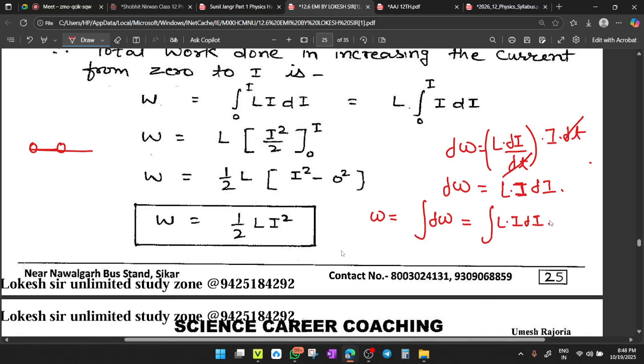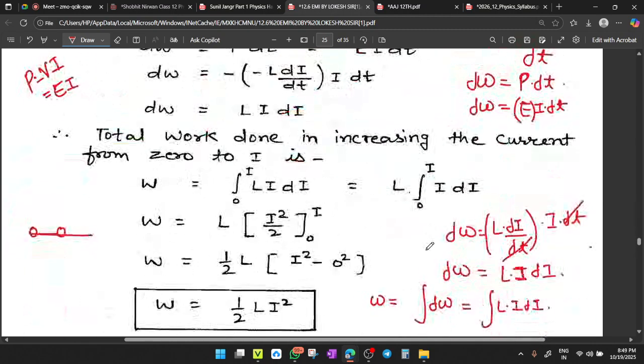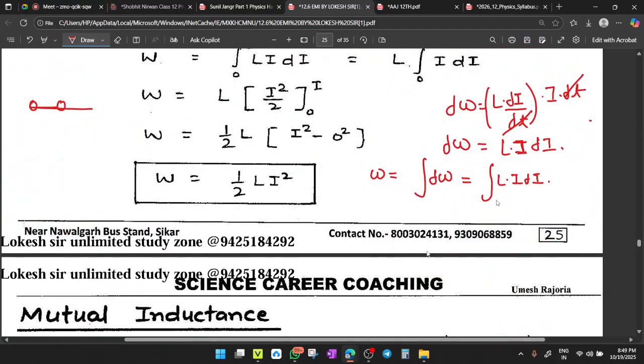Now check the graph. From the graph, the current rises from its initial value 0 to its final value I naught. So the limits of current are 0 to I naught.